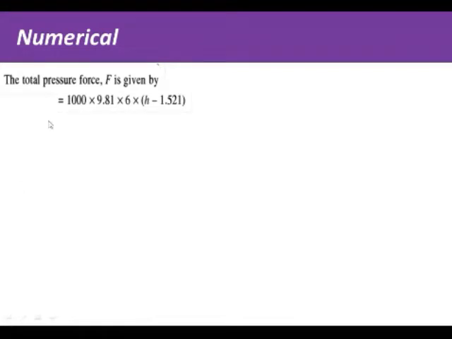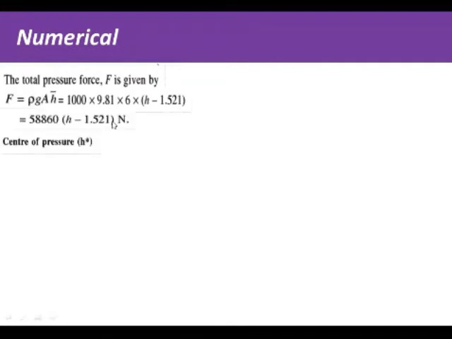So rho is 1000 into g is 9.81 into A, area is 2 into 3, that is 6, into H bar we had just calculated, H minus 1.521. So the answer comes out to be 58860 in bracket H minus 1.521. Don't open the bracket because we will further simplify this ahead.